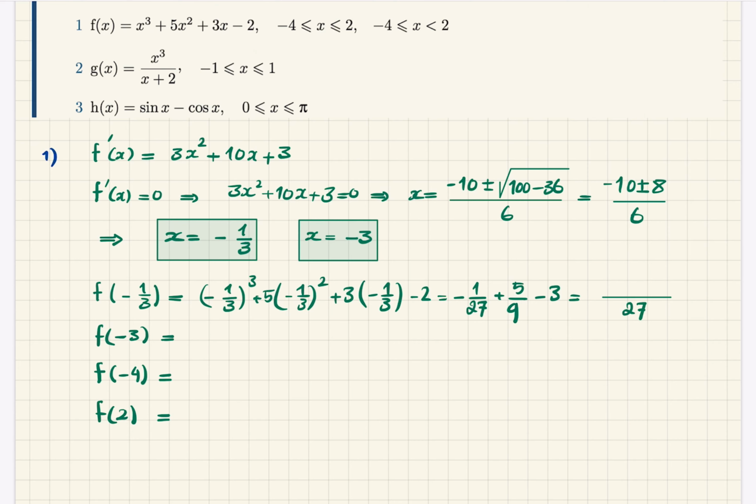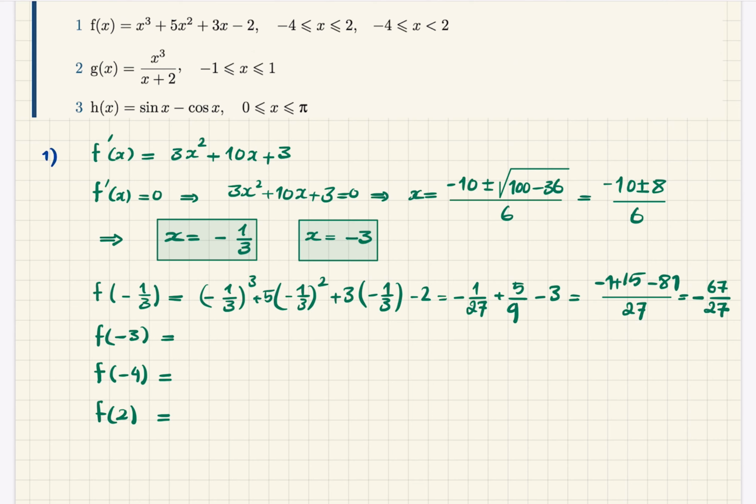So that is minus 1 here, and then I have 15 here, and then I have minus 81 here, yes? So how much is that? It is minus 67 over 27. So this is one of the numbers. Let me double check. Yeah, it seems correct.